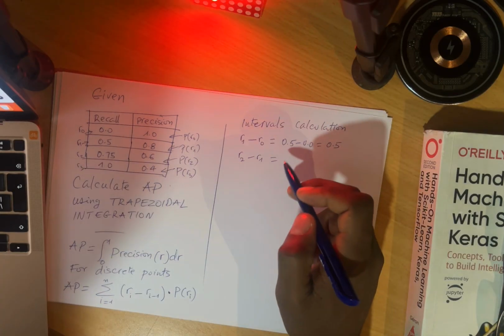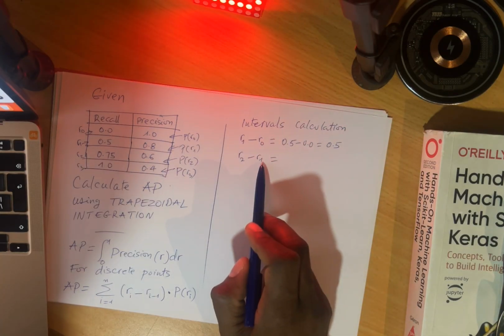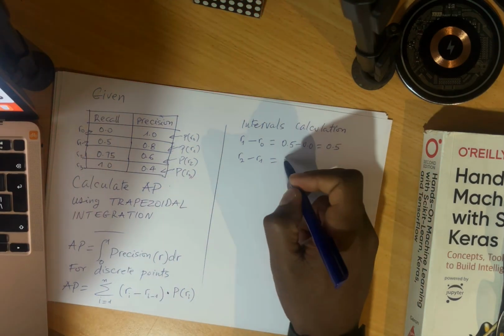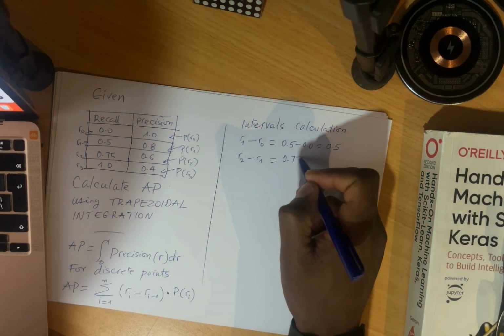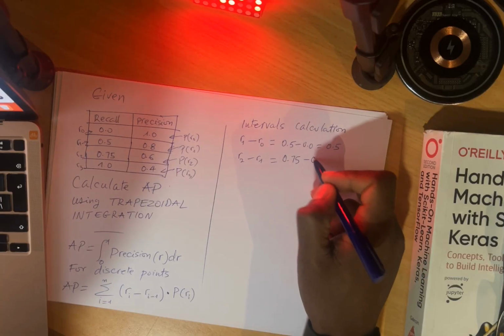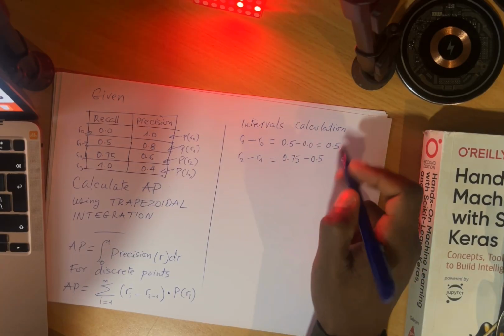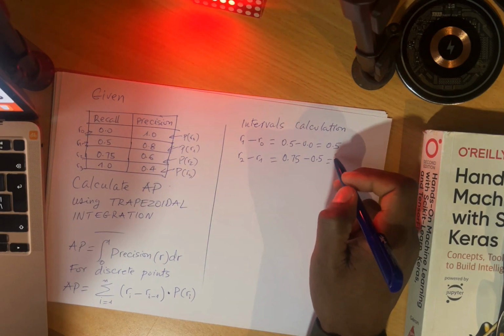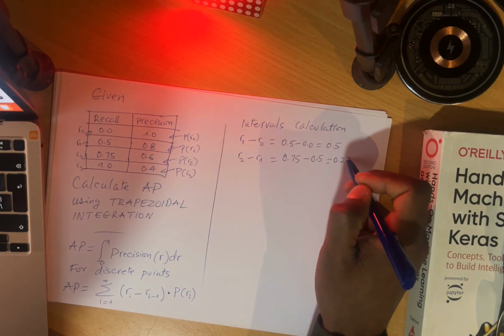Okay, so R2 minus R1, that's 0.75 minus 0.5. That's going to be 0.25.